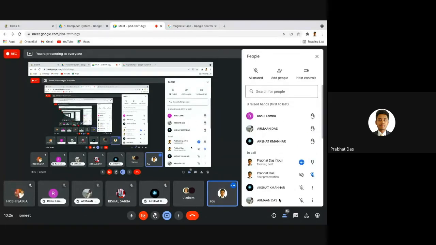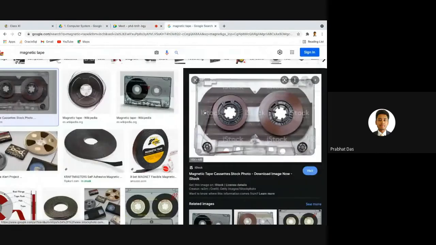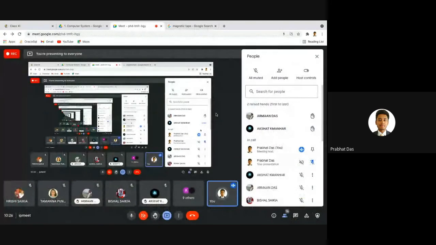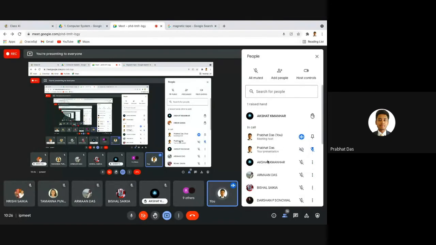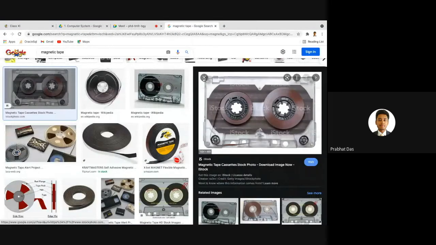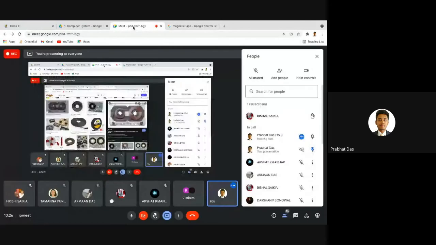Okay, three. Please don't feel shy. I believe these tapes are obsolete as of now. So in case you have used them, that means it is a big thing that you have at least seen these tapes. So these are magnetic tapes.